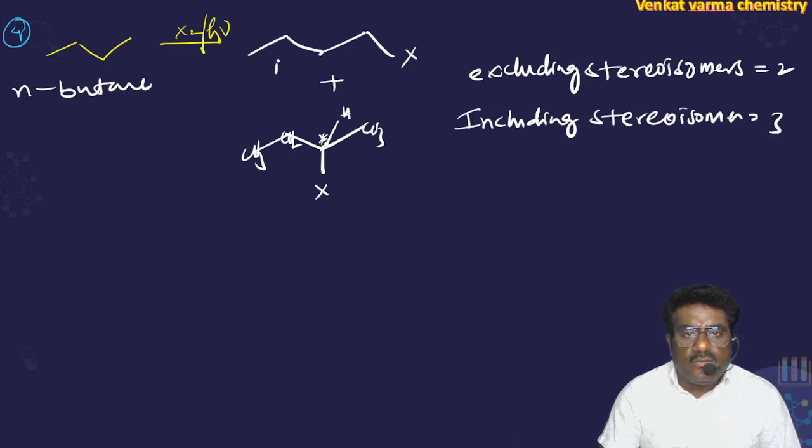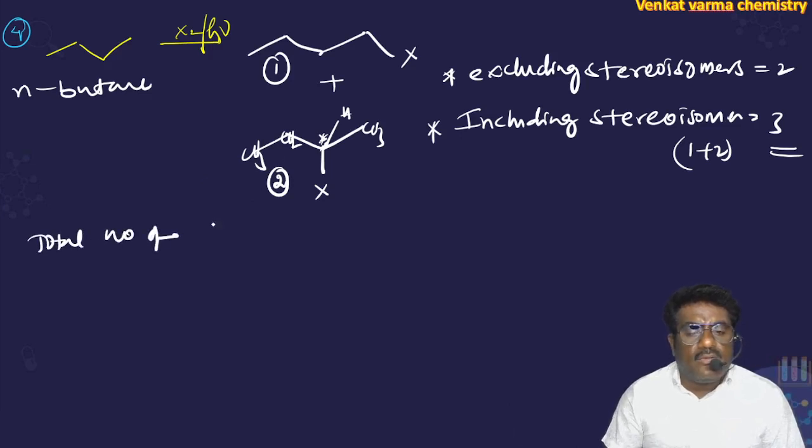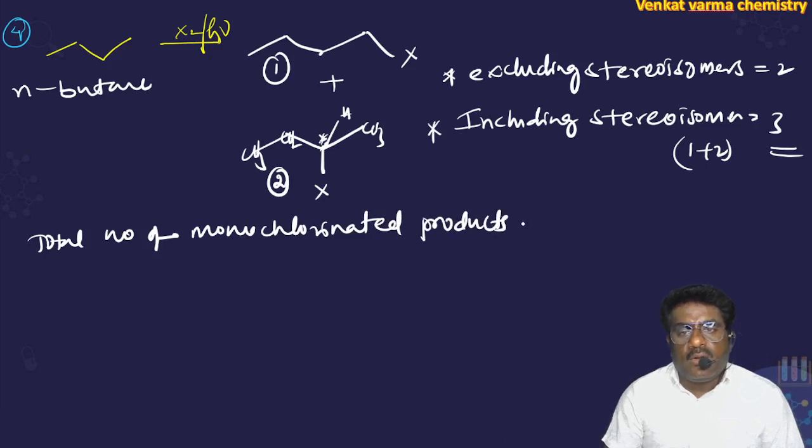It gives 1 isomer, it gives 2 isomers. So 1 plus 2 is 3 isomers. Including isomers are 3, excluding isomers are 2. So the total number of monochlorinated products are 3.